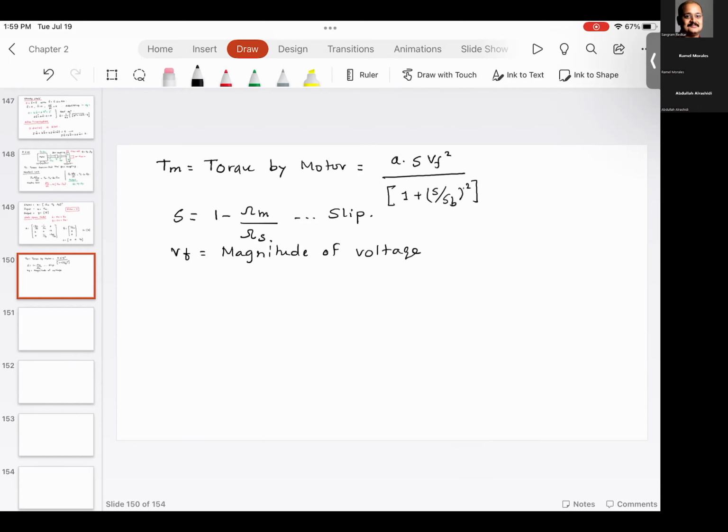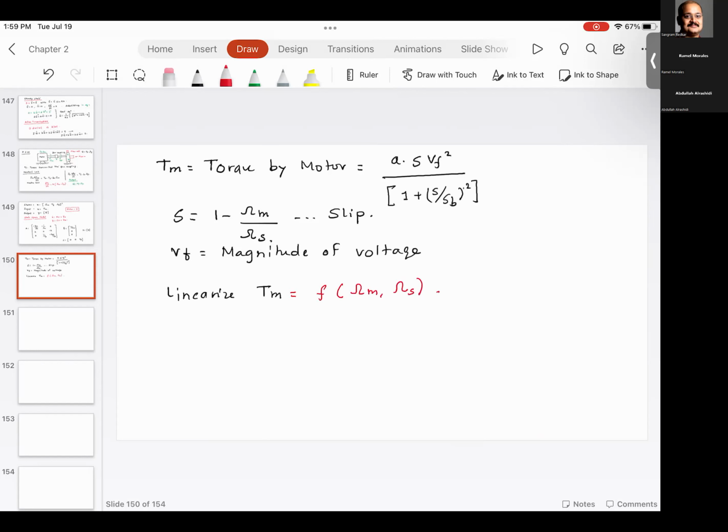So if we want to linearize, then what we need to do is linearize Tm. Now this Tm depends upon multiple factors. So Tm is a function of capital omega m and capital omega s.